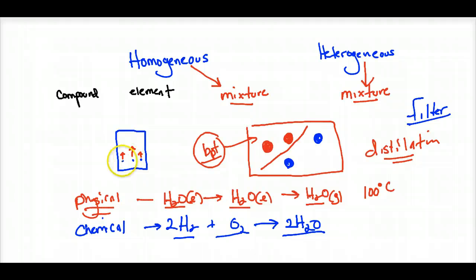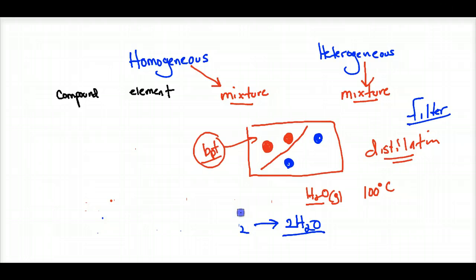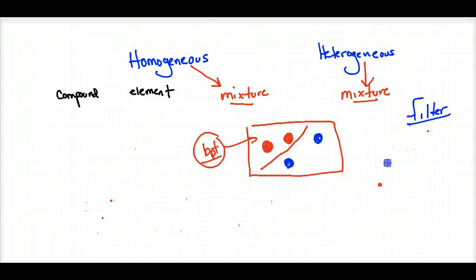So we give elements or compounds a choice to either stick with the polar or nonpolar side, and based on their individual solubilities, which is a physical property, how well something dissolves into a solvent, we can separate something based on that. So those are the basic types of separation, but they're all physical, and they're all for mixtures. Mixtures are nothing more than physical things put together but not chemically bonded.